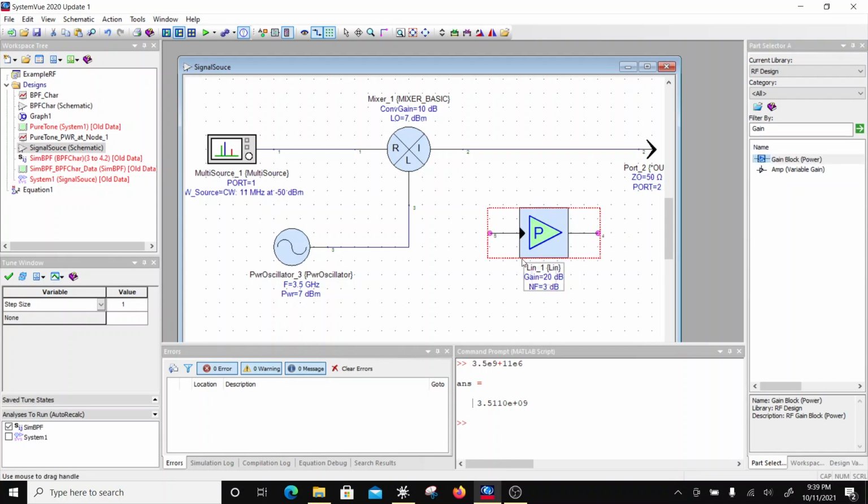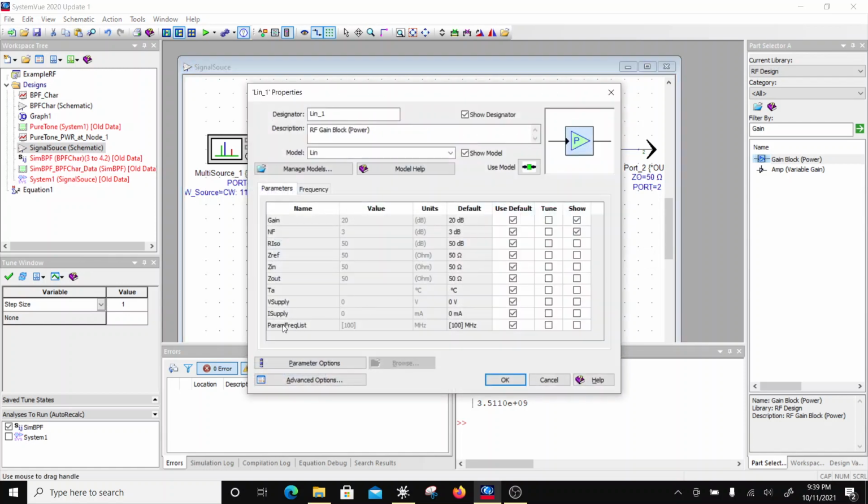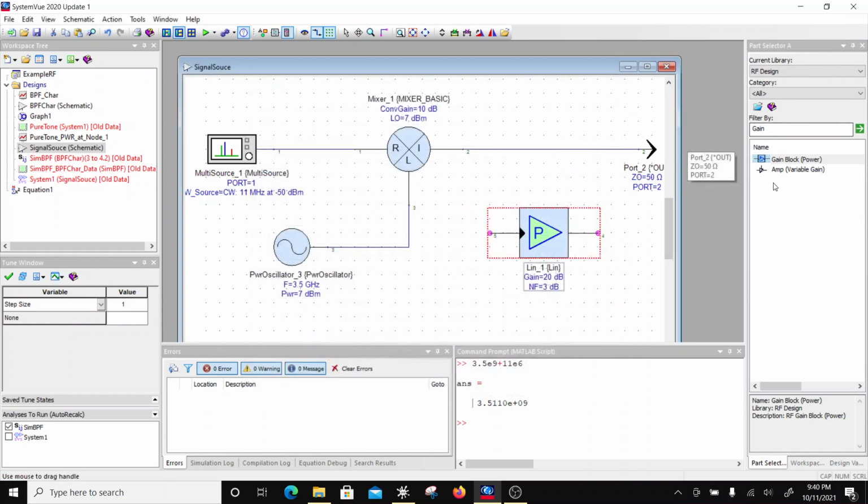Okay, so why does it say this is a power gain block, right? Okay, is there any other gain block here? Just let me see here. This is a variable gain amplifier. Is there an amp here?